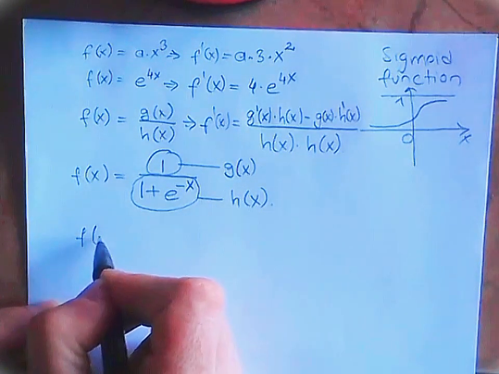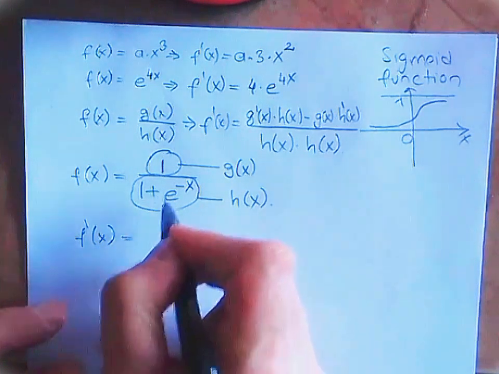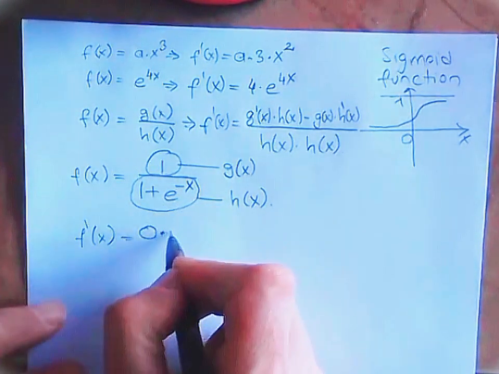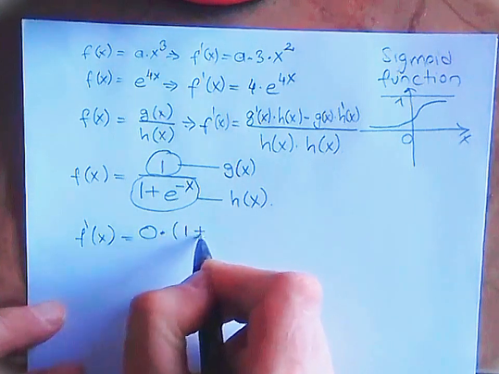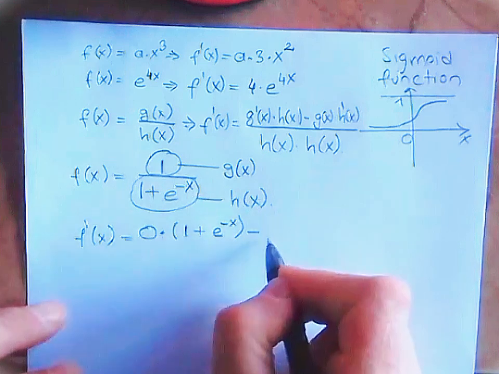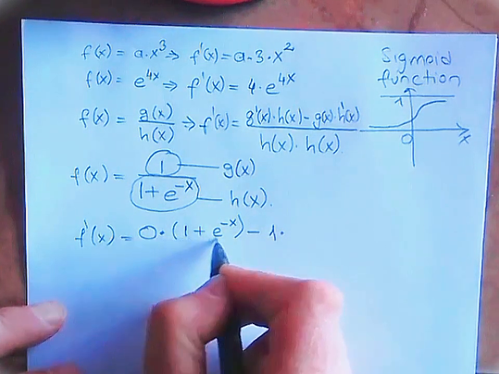The derivative form of it is, the derivative of 1 is 0 times h(x), which is 1 plus e over minus x, minus g(x) times the derivative of this function.